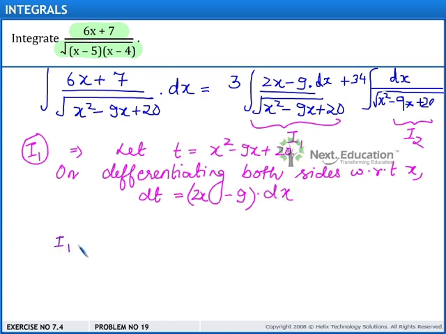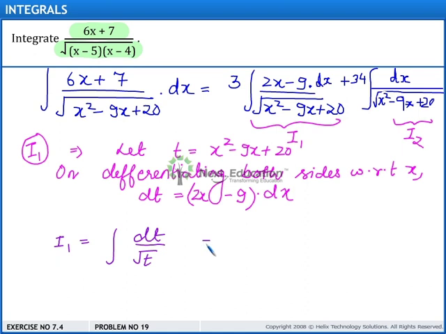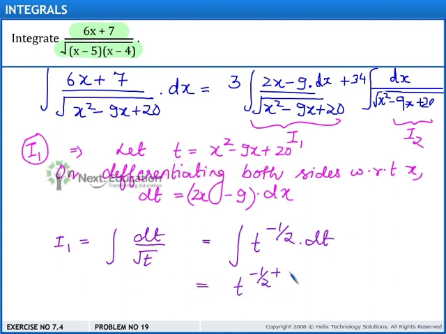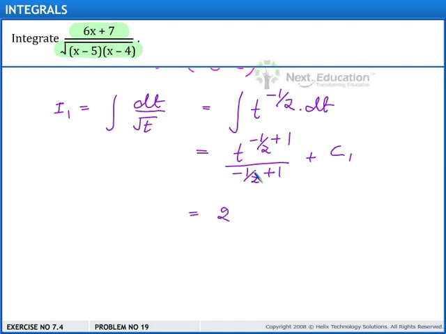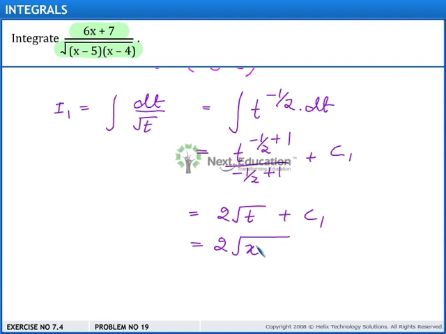Therefore, integral I1 can be written as the integral of dt divided by the square root of t, that is the integral of t^(−1/2) dt, which can be written as t^(−1/2 + 1) divided by (−1/2 + 1) plus the constant c1. This is equal to 2 times the square root of t plus the constant c1. So this is equal to 2 times the square root of x² − 9x + 20 plus the constant c1. So this is the value of the integral I1.